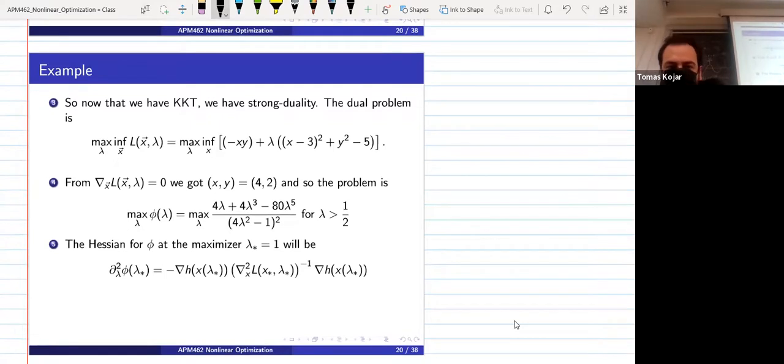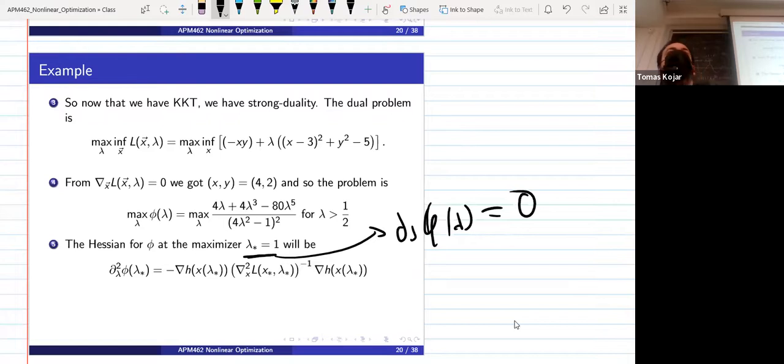So first I should say one thing. To find this lambda star 1, unfortunately, you would have to set the derivative of the dual function in lambda equal to 0, and it will give you lambda star equal to 1. But do not do this. That's the whole point of duality. Sometimes a disgusting problem is easier.